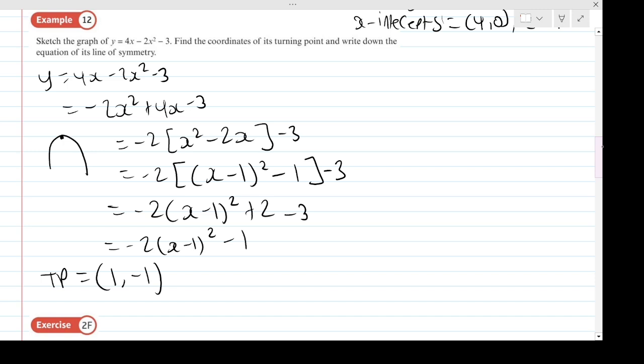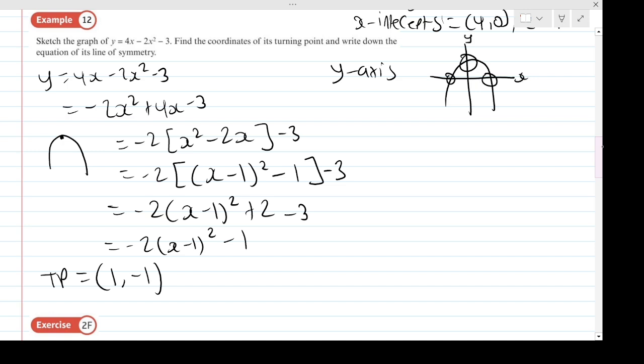Then we need to establish the x and the y axis intersections. So firstly, the y-axis. Remember, if we have a curve, the graph's going to look like this. So those are the y and the x-axis intersections. That's a very general shape, but that's what the intersections will look like.